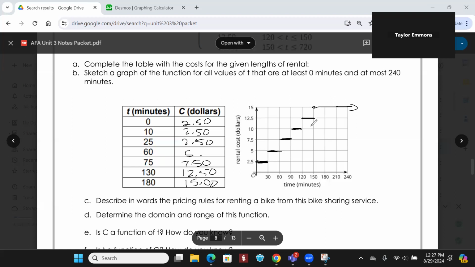All right, so describe in words the pricing rules for renting a bike from this bike sharing service. So as the time increases, price increases.